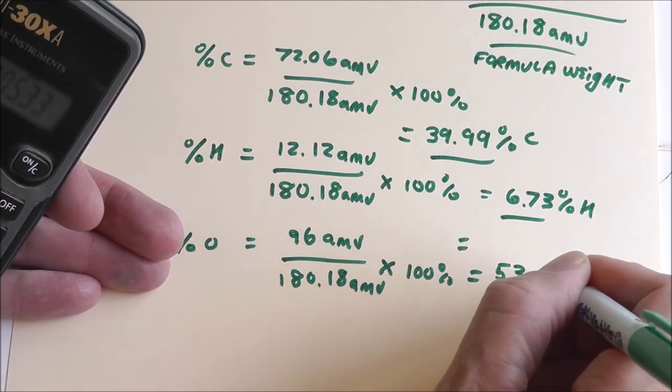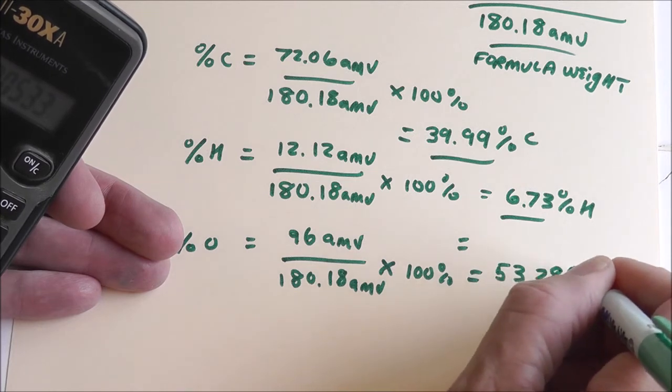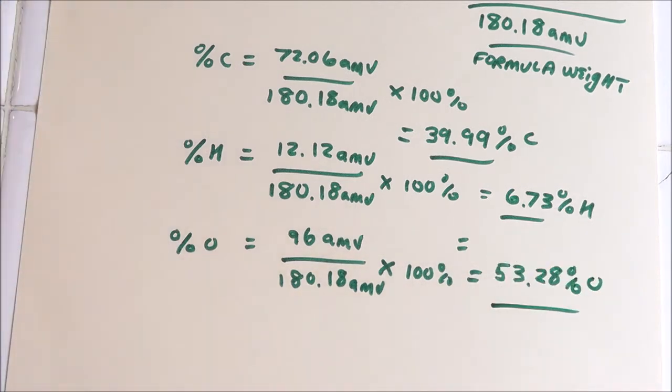And the payoff of that is 53.28%. 53.28 plus 6.73 plus 39.99, that is right on 100. And so that's an easy thing to do to determine the percentage of each element in a compound.